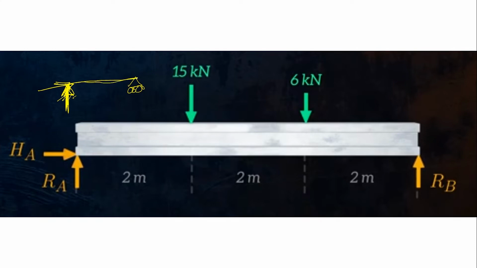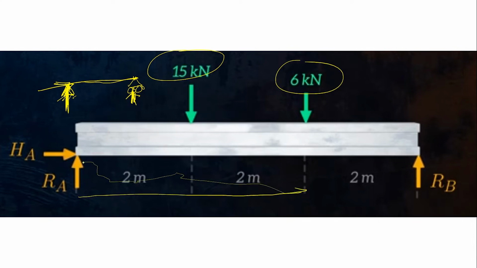The weight of the beam is going down, so we have a reaction going up. Aside from the original loads, we have a 15 kilonewton load 2 meters away from the left support, and another 6 kilonewton load 4 meters away from the left support. And another 2 meters further, we have a reaction B because of its roller.